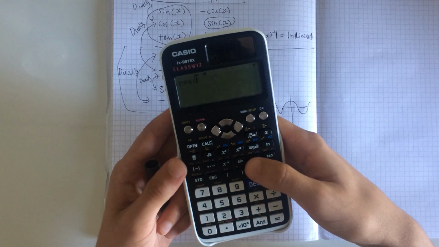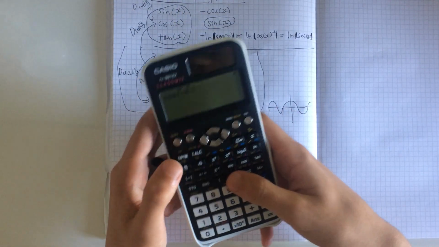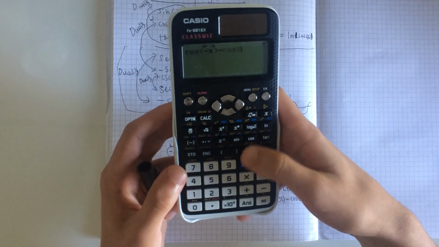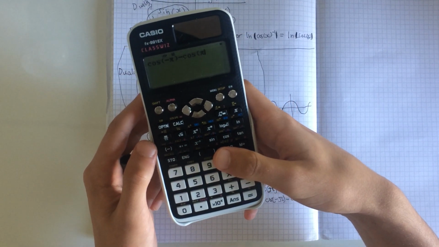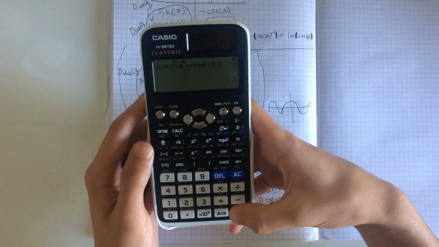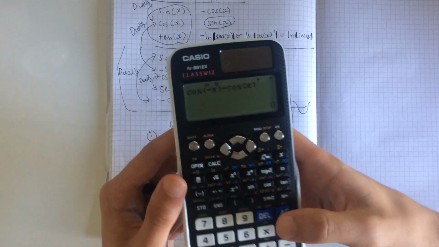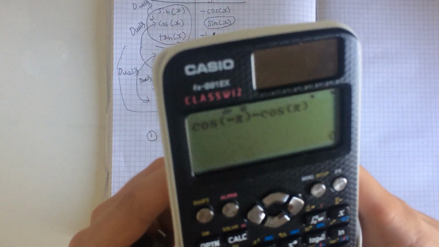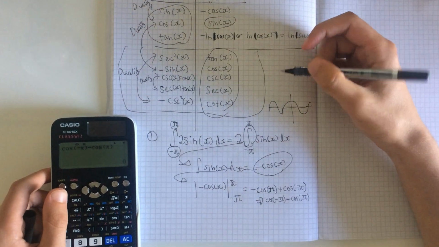So cosine of minus pi minus cosine of pi, and we have 0, just like I said, so 0, and I really don't know how much you can see of this, but what happens is the integral kind of cancels out in a way.